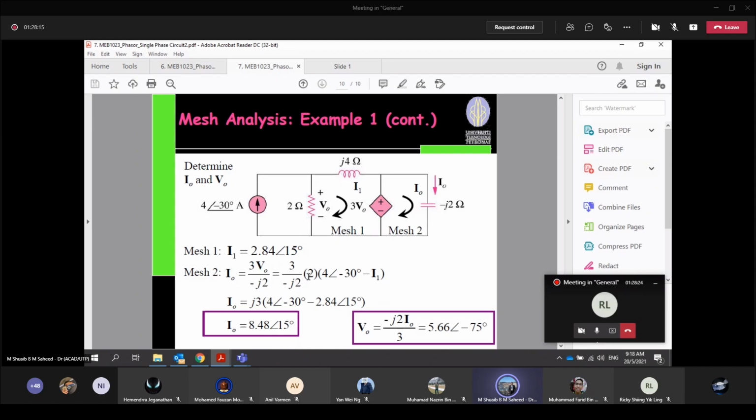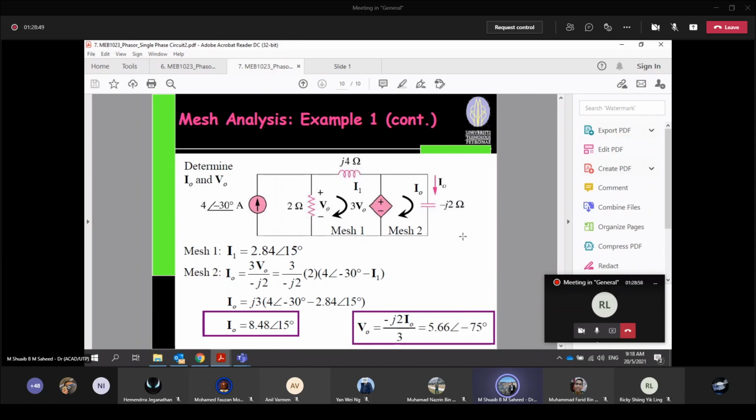And then you plug in the values for V0, which is 2 multiplied by (4 at negative 30 degrees minus I1), and then you will get your I0 as 8.48 at 15 degrees, and your V0 will be negative j2 I0 over 3, which is 5.66 at negative 75 degrees.